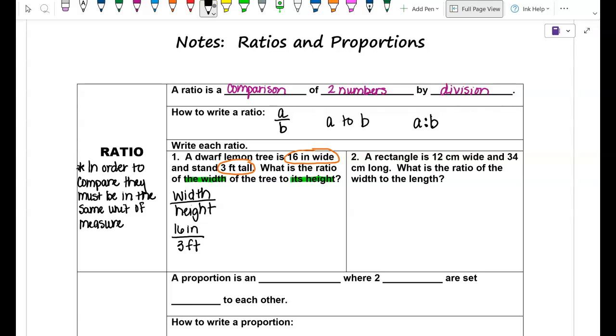So I can't compare inches and feet. I need to make sure that I'm comparing the same unit of measure.